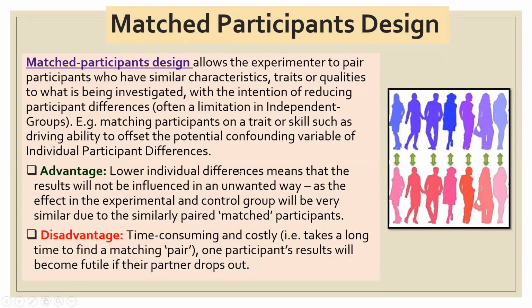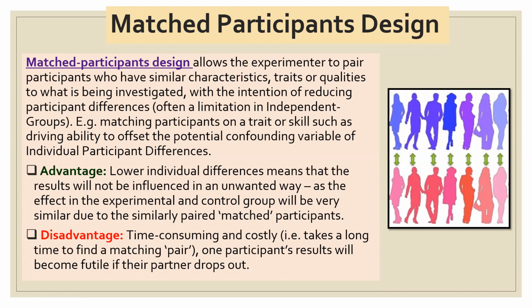Essentially, this is kind of similar to repeated measures, but it's not the same person going through both conditions, okay? But it's similar to repeated measures in the sense that the advantage of a matched participants design is that there will tend to be lower individual differences because the participants are matched to be as similar as possible, okay? Even though it's not the same person, they are matched to be as similar as possible in terms of those characteristics.